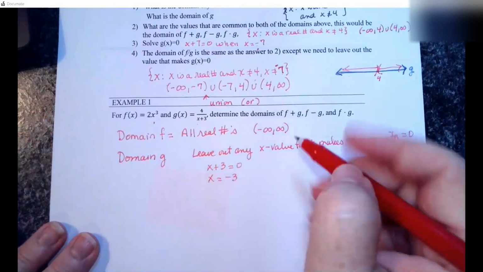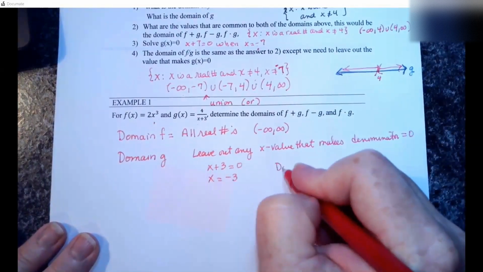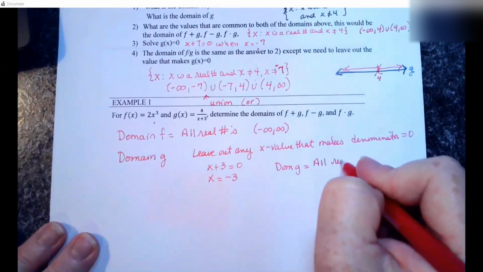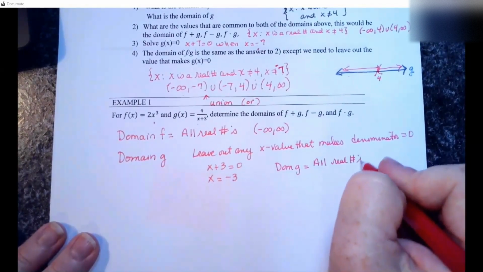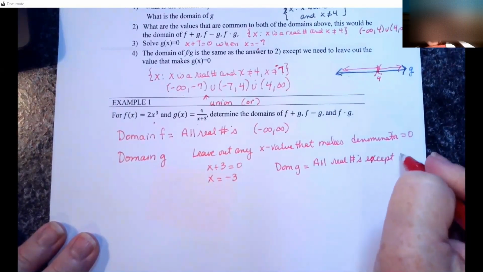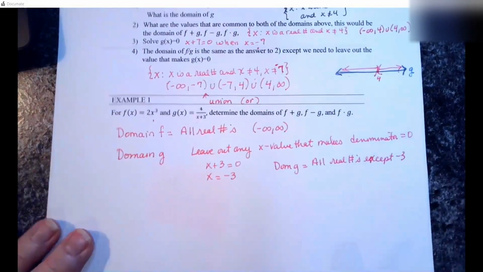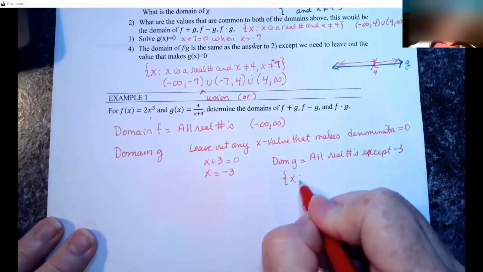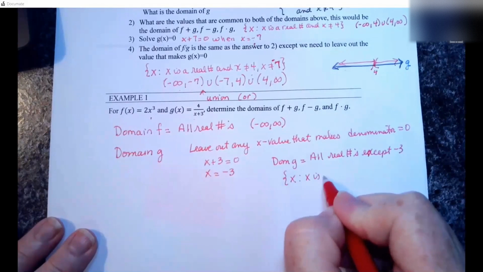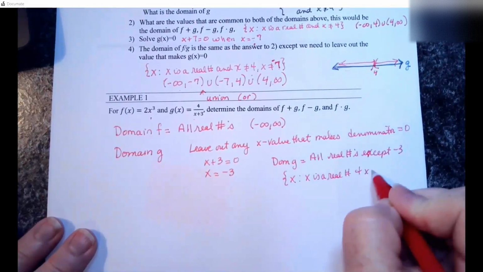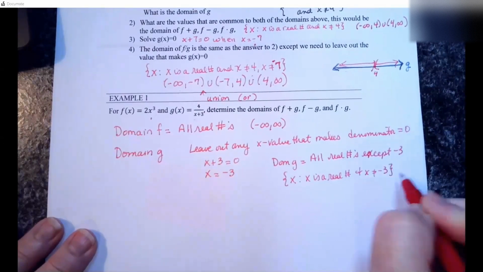So the domain of g will be all real numbers except -3. So if we write it, we've got the set of all x such that x is a real number and x is not -3.